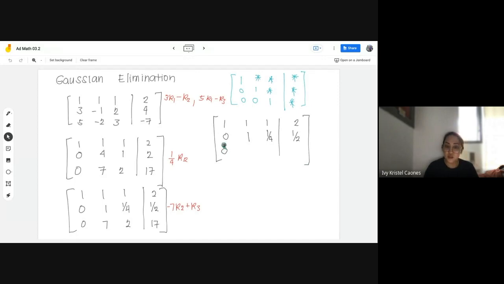So negative 7 times 1 is negative 7 plus 7 is 0. Negative 7 times 1/4 is negative 7 over 4 plus 2 is equal to, and negative 7 times 1/2 plus 17 is what value? The answer is, yes, it's 1/4.